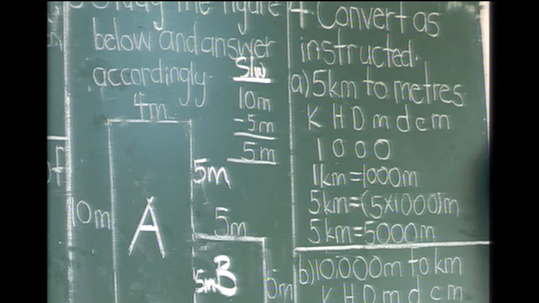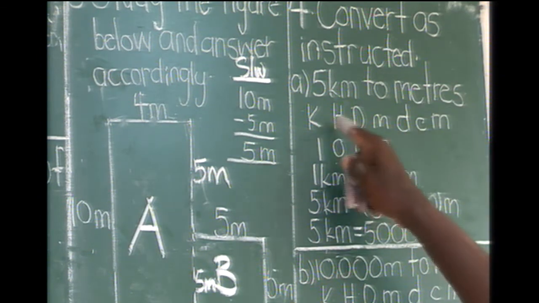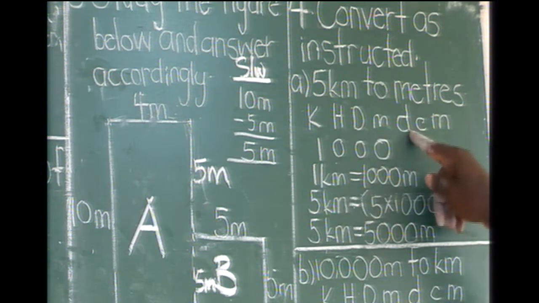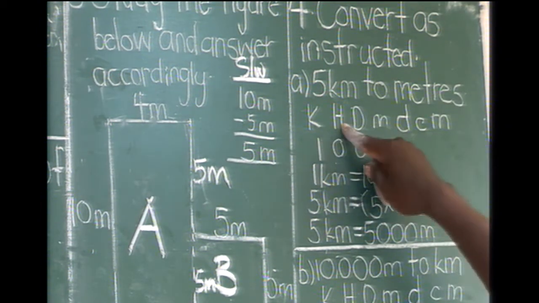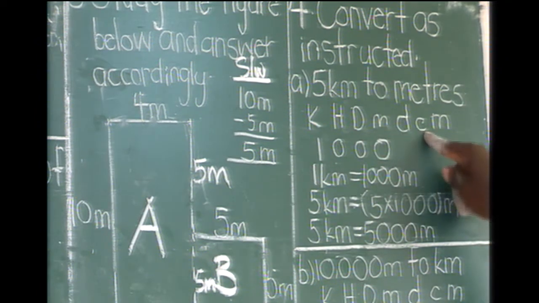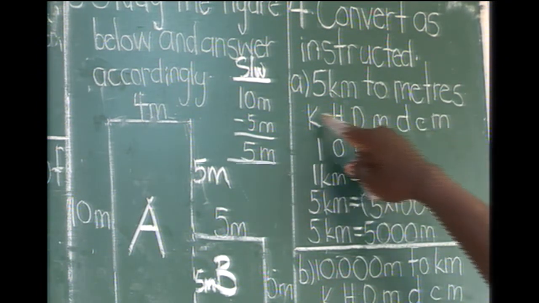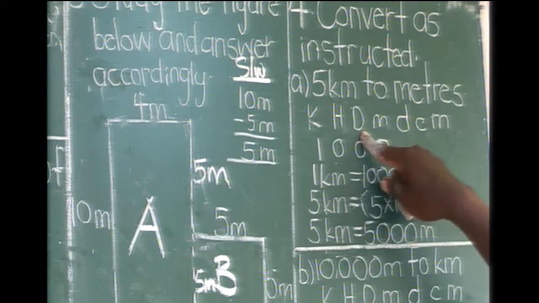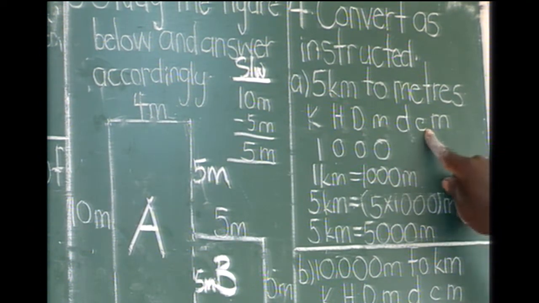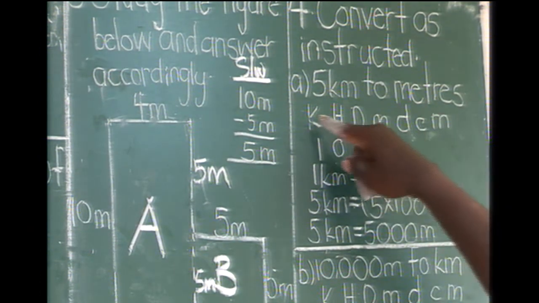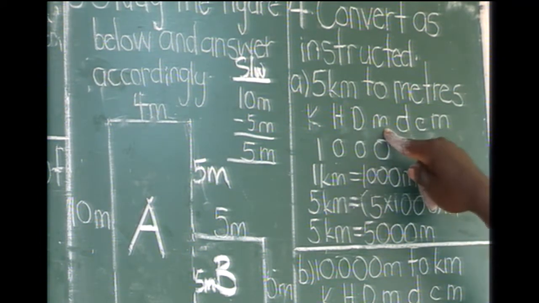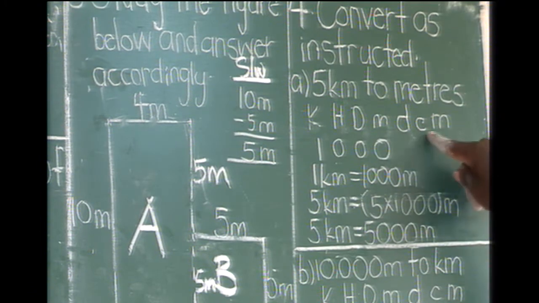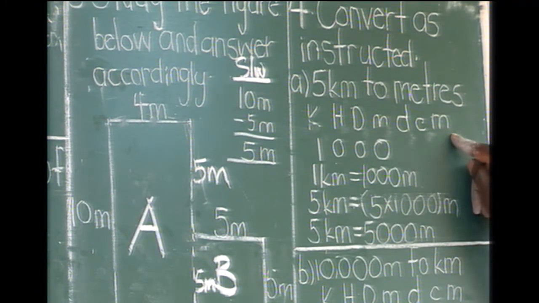So we then have to use KHDM DCM, memorized as King Henry's daughter Mary drank cold milk. King Henry's daughter Mary drank cold milk. Let's go together. King Henry's daughter Mary drank cold milk.